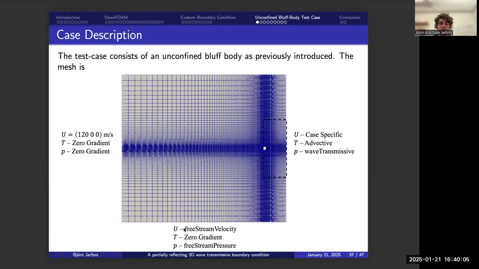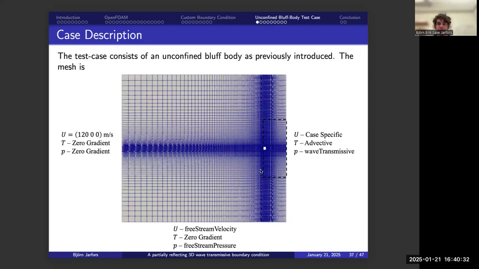Since it's unconfined, we're using a free stream velocity and free stream pressure at the top and bottom, but a 0 gradient for the temperature. And the velocity is case specific, so this is where we implement our different boundary conditions. The temperature is an advective boundary condition, and the pressure is wave transmissive.